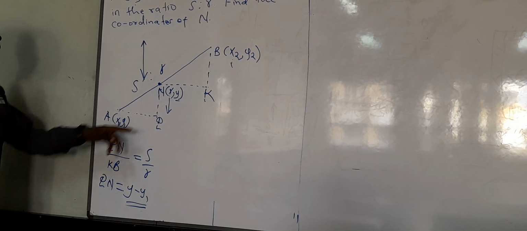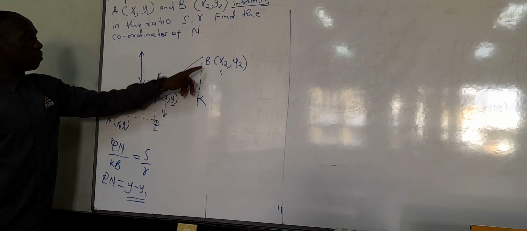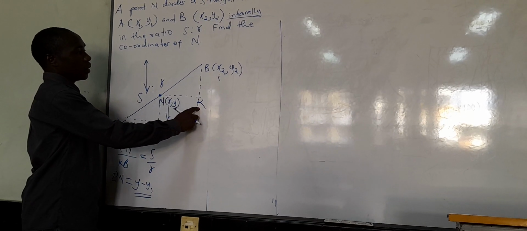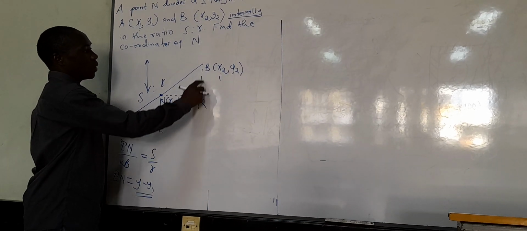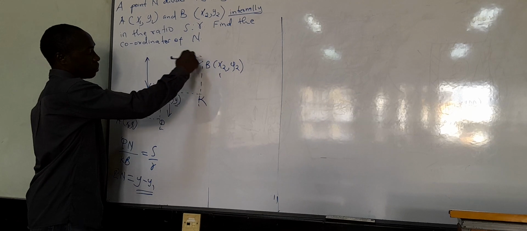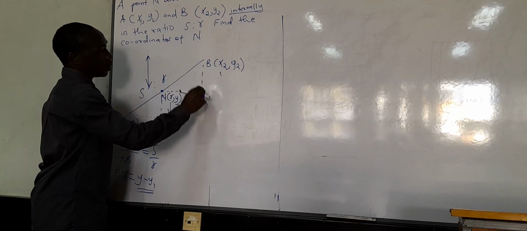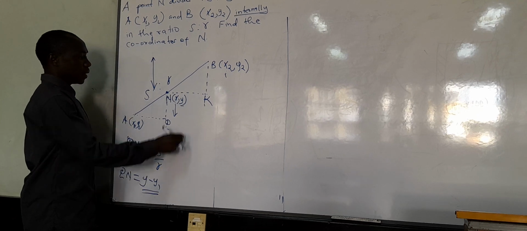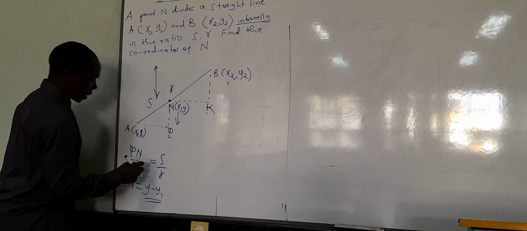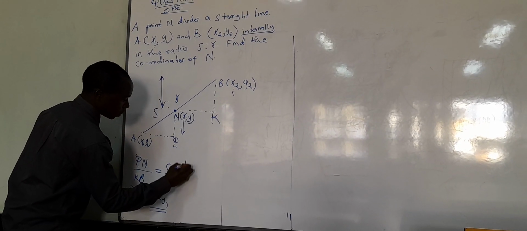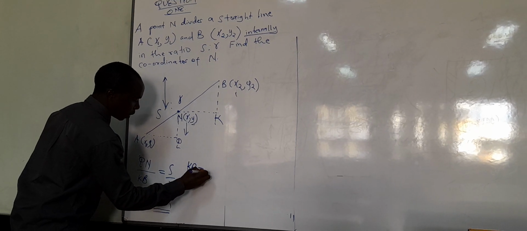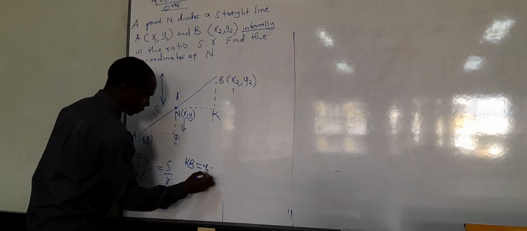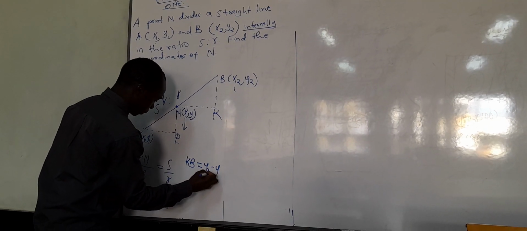Then number 2 is to get KB. Again, you realize that K is on the lower side and B is on the top side. So we say that y2 is going to be greater than y. So KB will be equal to y2 minus y.